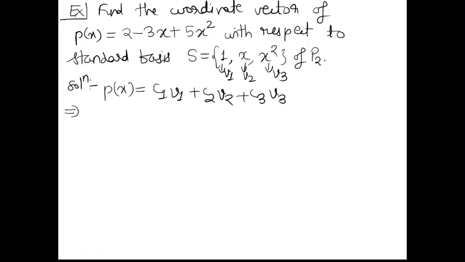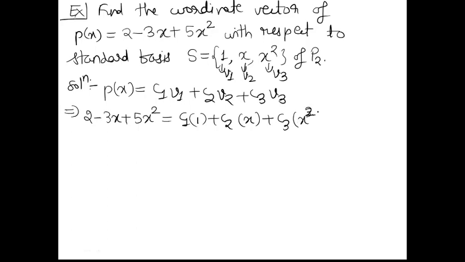Now substituting the values, it's 2 minus 3x plus 5x square equal to c1 into v1, which is 1, plus c2 into v2, which is x, plus c3 into v3, which is x square.